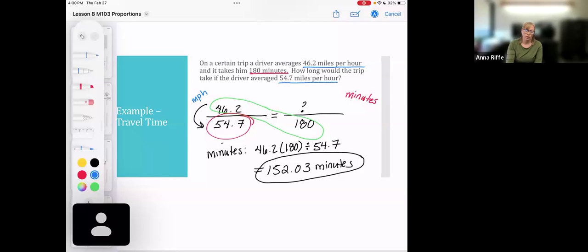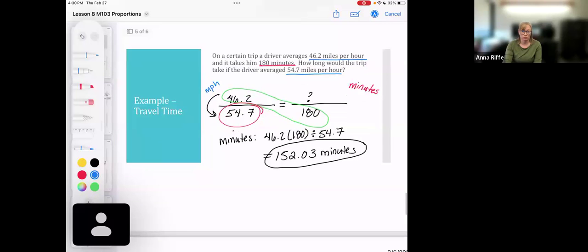If you are not sure whether it's a direct proportion or an inverse proportion, then you can attempt to set this up as a direct proportion and just see what happens. So what if I set it up as 46.2, 180, and then put my 54.7 here.